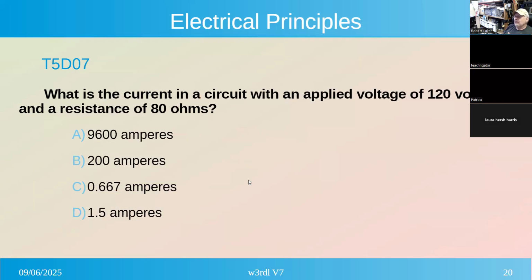What is the current in a circuit when an applied voltage of 120 volts and a resistance of 80 ohms? These are all just like the examples I showed, except slightly different numbers.